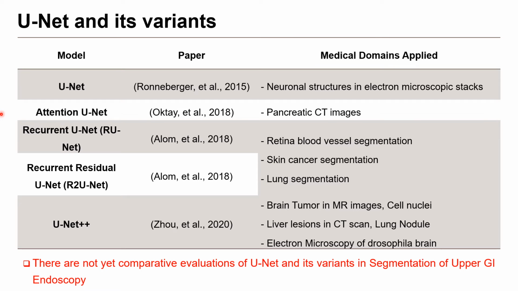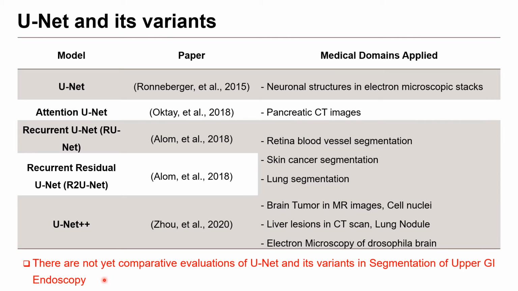Since then, many proposals to improve UNet have been studied. Prominent variants of UNet include Attention UNet in 2018, RUNet in 2018, R2 UNet in 2018, and UNet++ in 2020. They are applied in different medical domains.